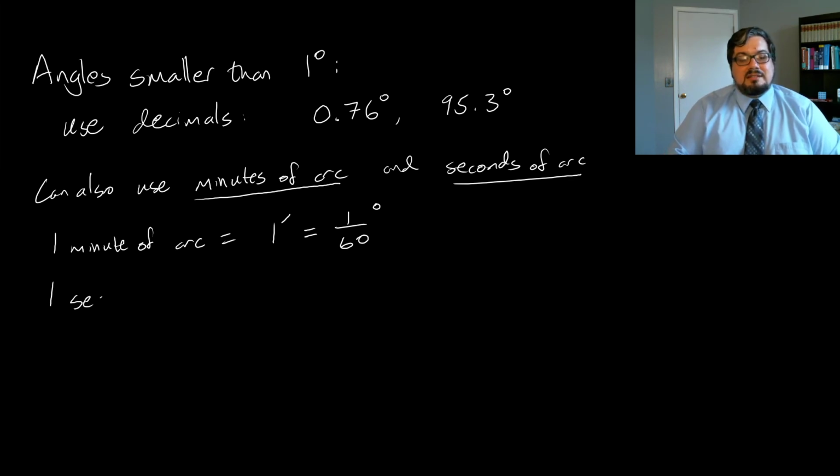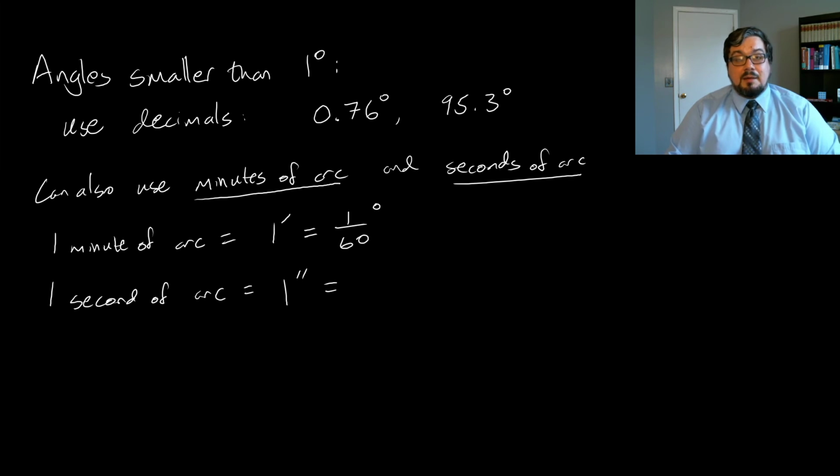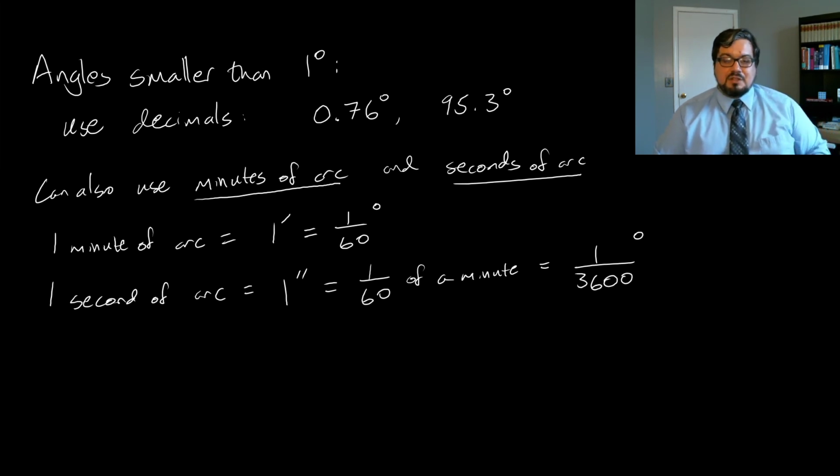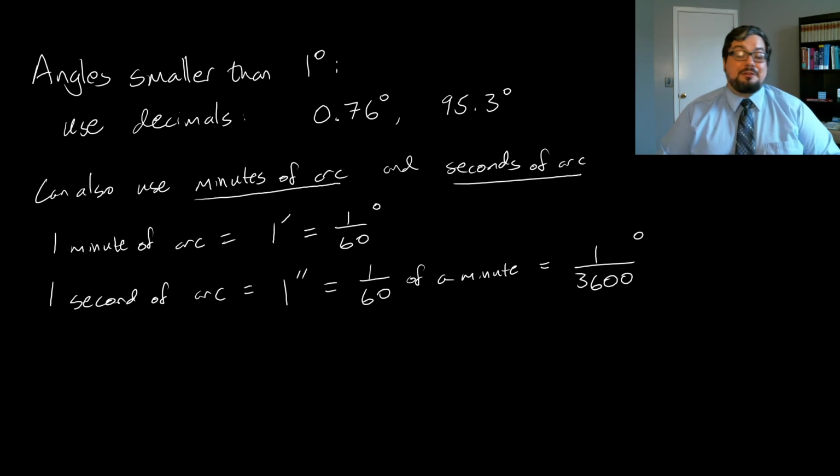And now 1 second of arc is denoted with 1 and then double prime, double apostrophe. This is 1/60th of a minute, which works out to be 1/3600 degrees. So a 60th of a 60th is 1/3600th. So 1 second of arc is 1/3600th of a degree.